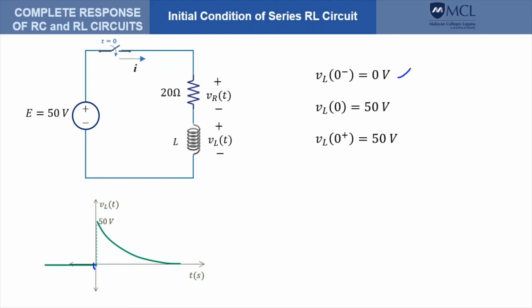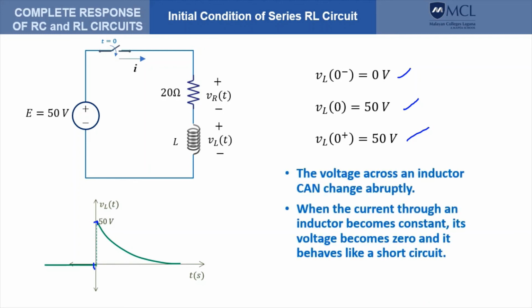Then at exactly t equals 0, the voltage jumps to 50 volts, and just after the changes are applied, we still get a voltage equal to 50. So the voltage across an inductor can change abruptly, but the current cannot.